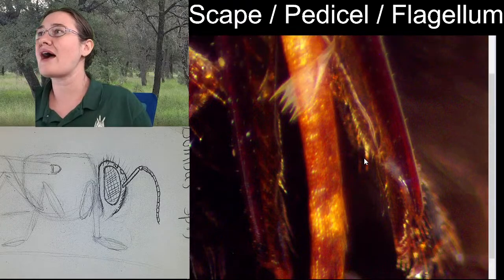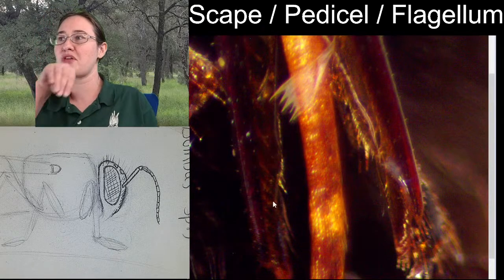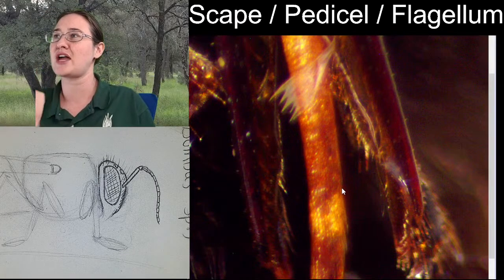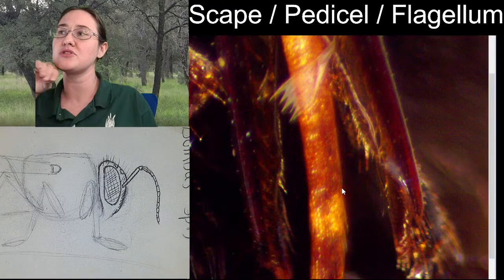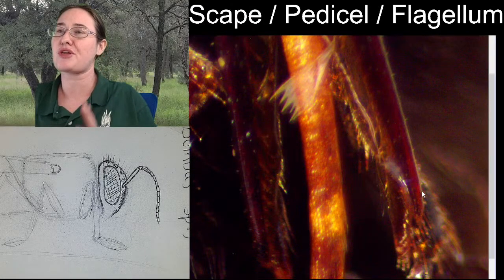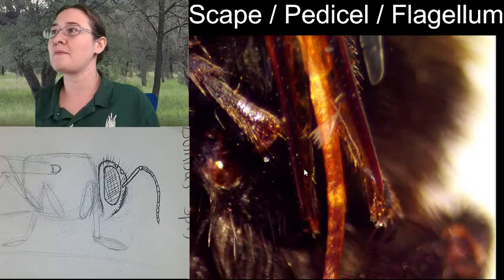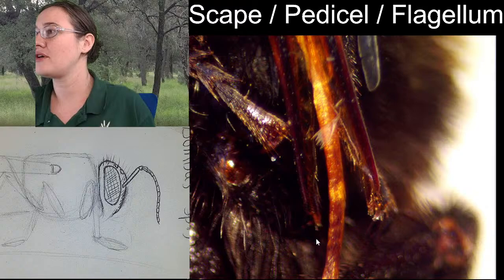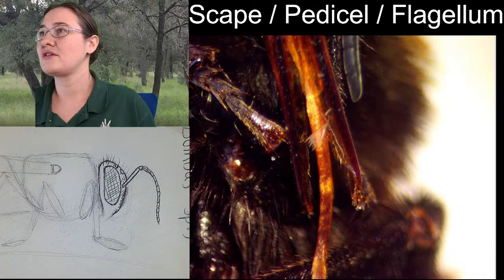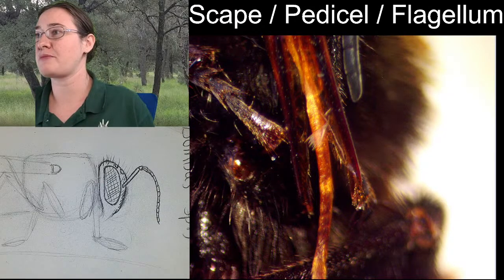So I would have to assume that this central tongue moves in an upwards and downwards direction, and then the sheath helps bring the liquids up to the mouth. That's a really pretty mouth part.